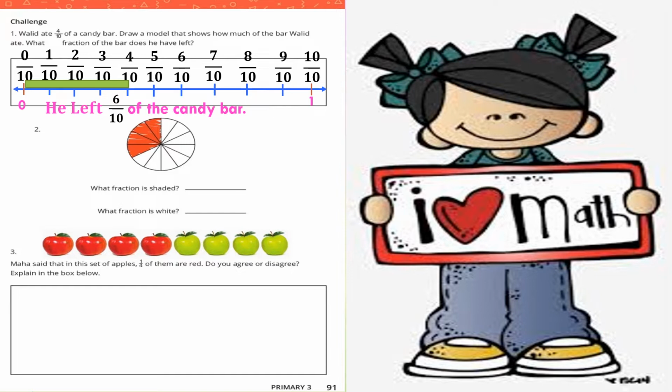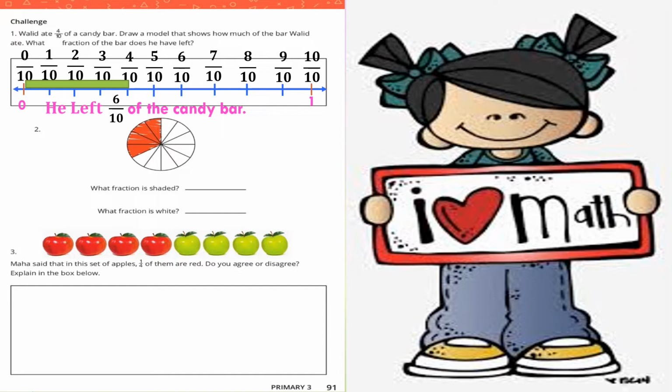Number 2, look at this picture and solve the questions. What fraction is shaded? The rule of the fraction: the number of colored parts over the number of total parts. Here, how many colored parts? Let's count. 1, 2, 3, 4. So the colored part here is 4, out of the total parts.